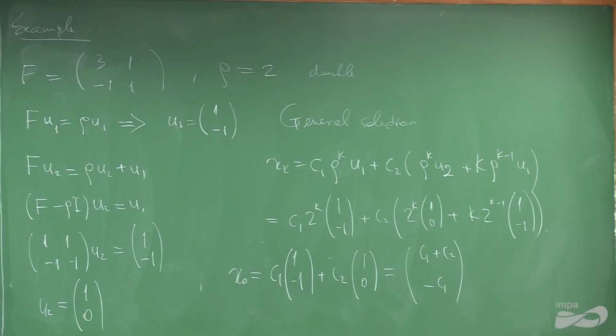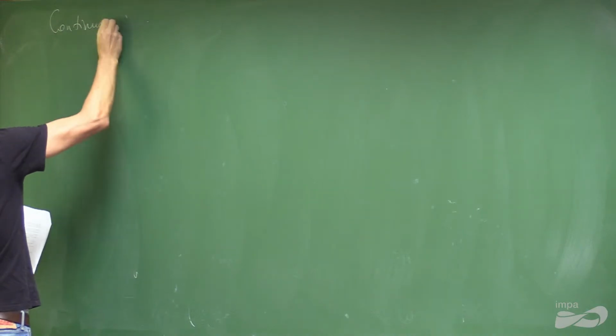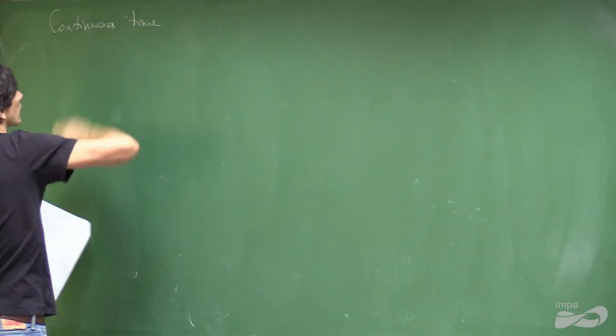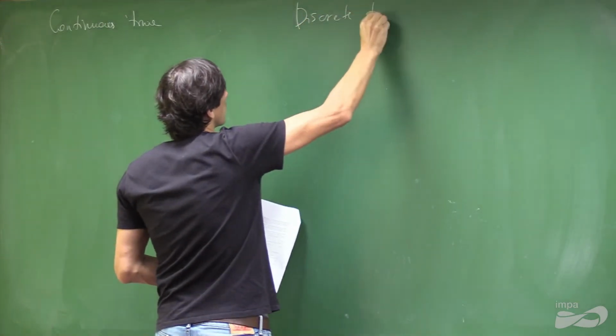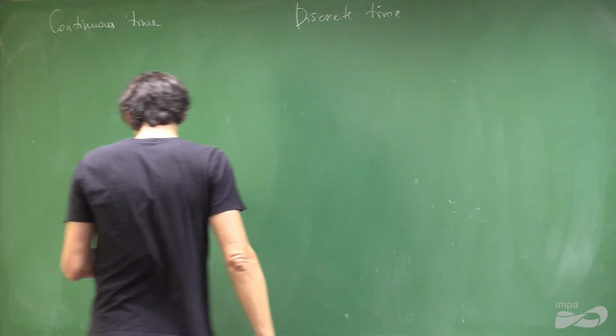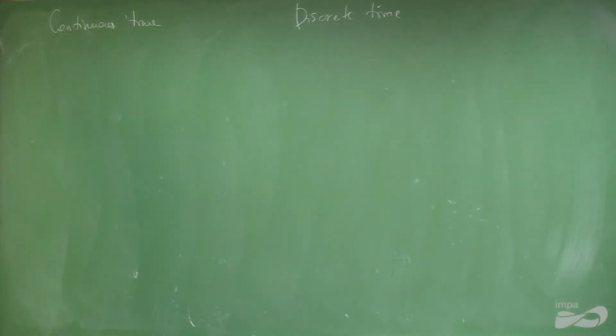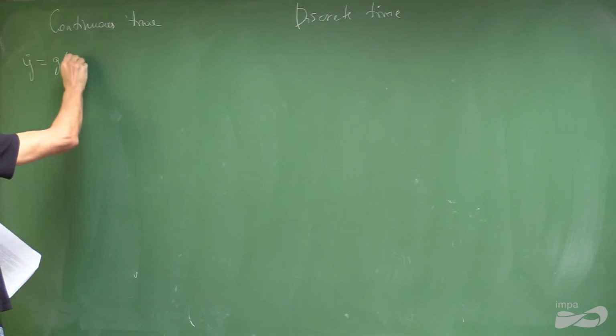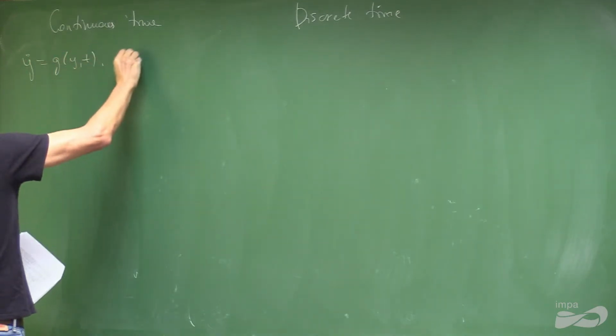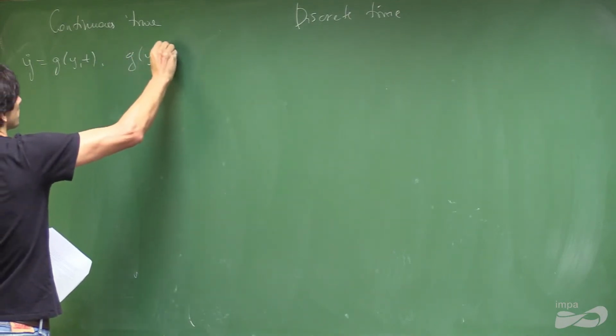We have the original system, the continuous time system and the discrete time system. In the continuous time system, we had y dot equals j(t, y), where j was periodic.